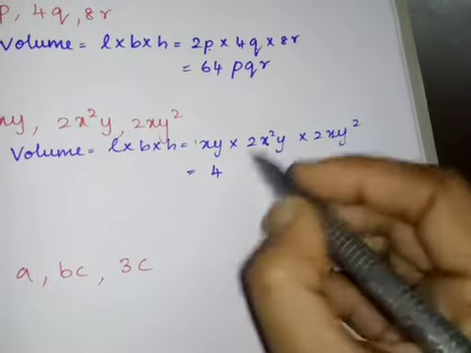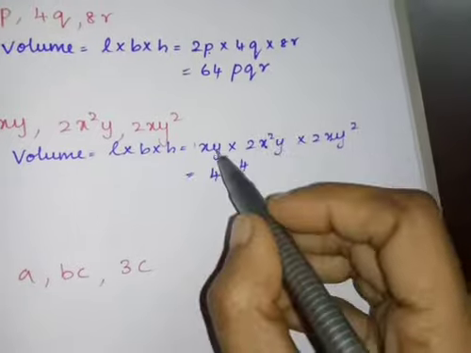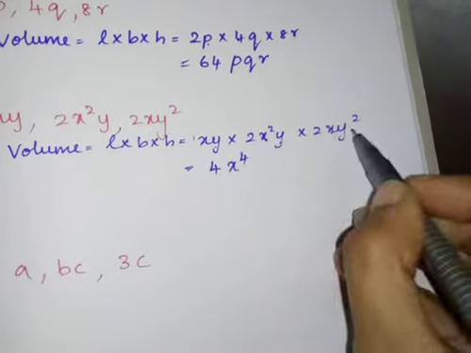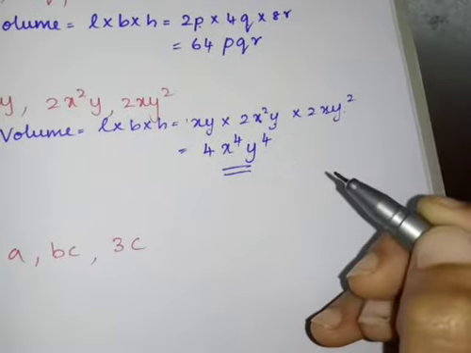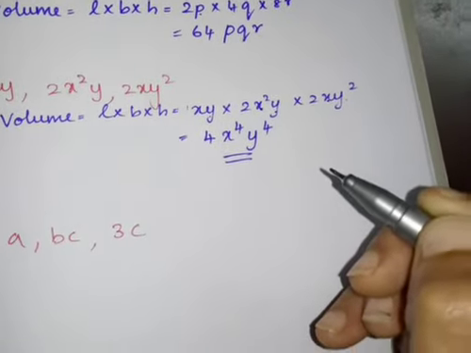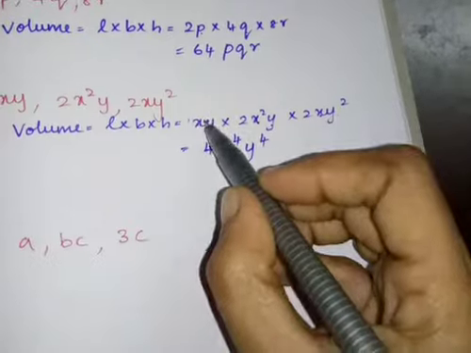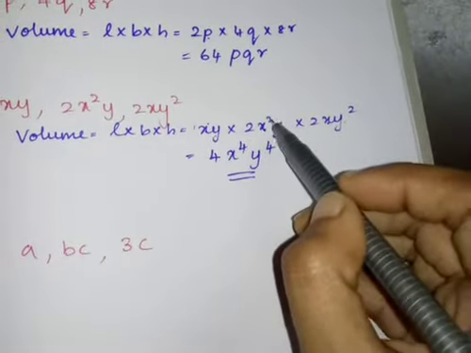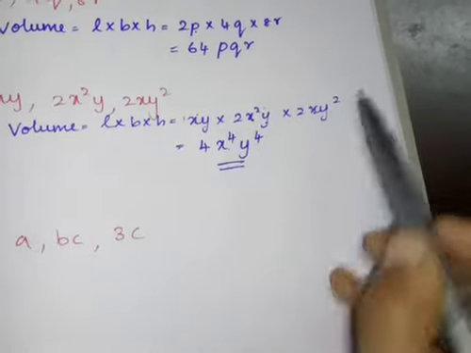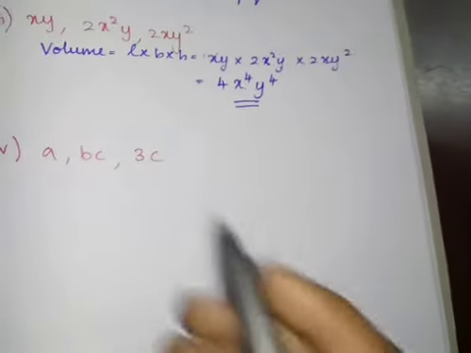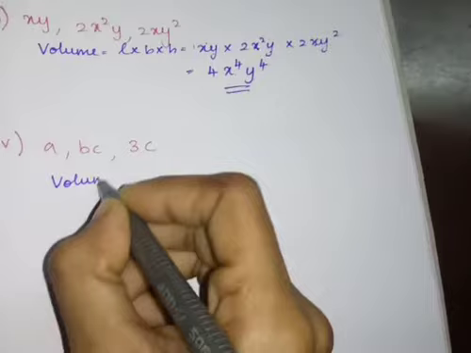X cube into x, x power 4. Y into y, y square. Y square into y square, y power 4. So, 4 x power 4, y power 4 is the answer. Okay, just see how many x are there. 1, 2, 3, 4. Above x power 4. Next, 1, 2, 3, 4. Y power 4.